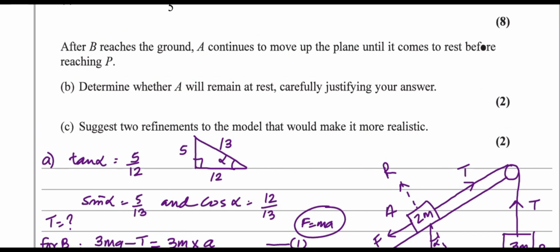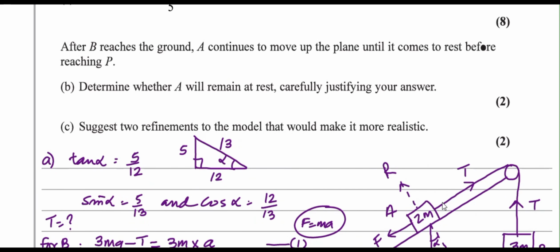Part B. After B reaches the ground, A continues to move up the plane until it comes to rest before reaching P. Determine whether A will remain at rest, carefully justifying your answer. After B reaches the ground, there will not be any pulling power from B, and therefore the only forces that will be acting on block A are its own weight trying to pull it down the slope, which is 2 mg sin alpha, and the friction will be working opposite to it now.